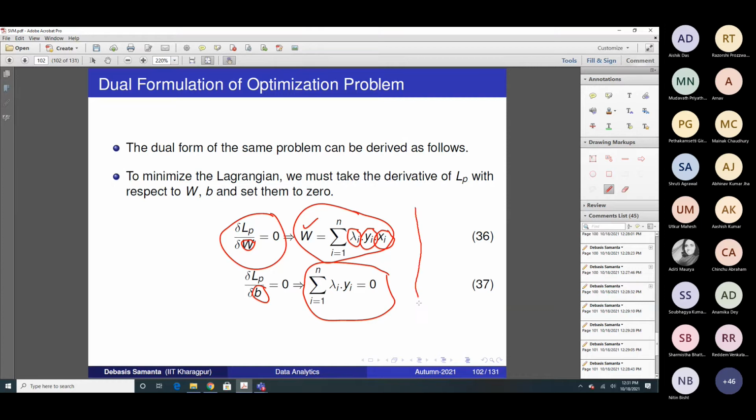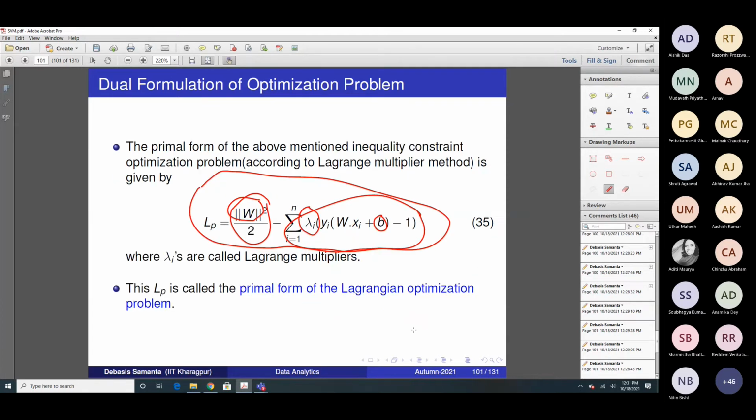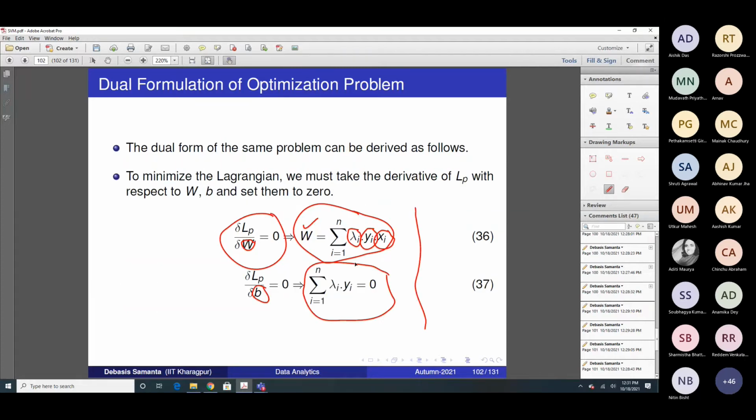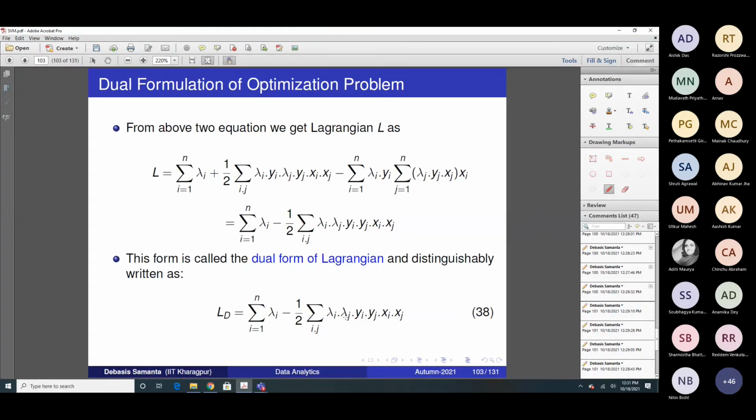Now if we use these two equations, 36 and 37, and replace W with the summation over i equals 1 to n of lambda i dot yi dot xi, and also utilize this one and simplify, then after a lot of calculation we shall arrive at another version of the Lagrangian, which is like this.